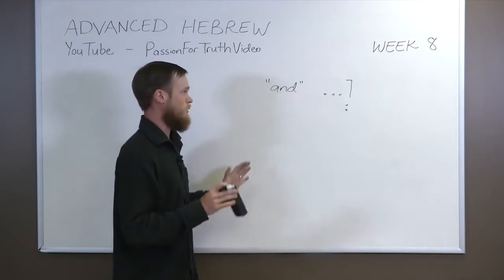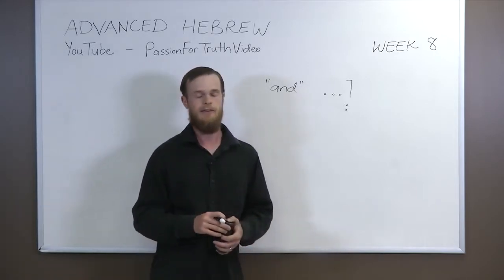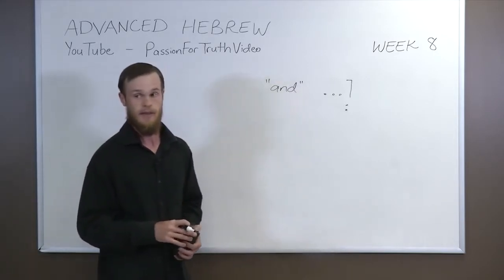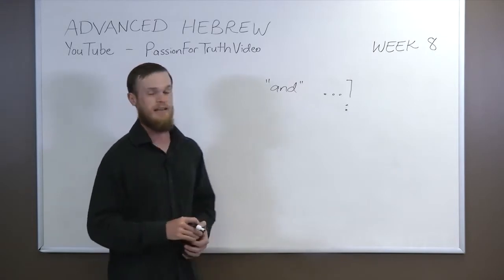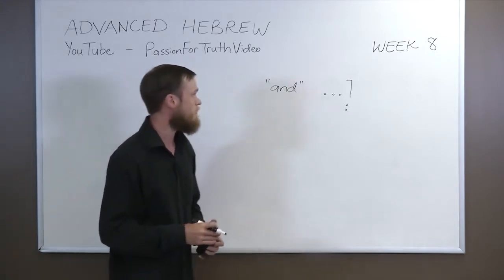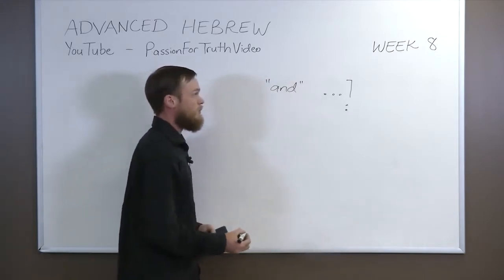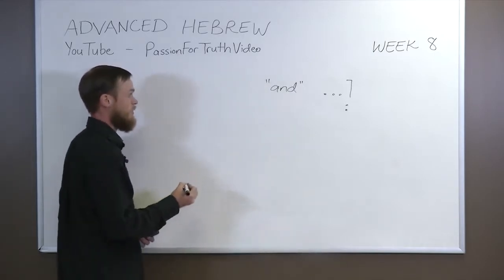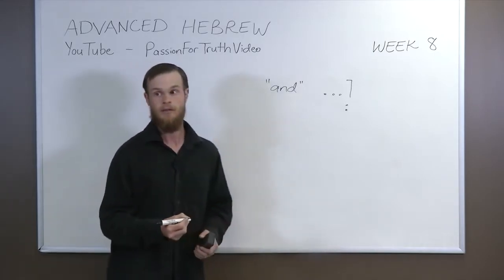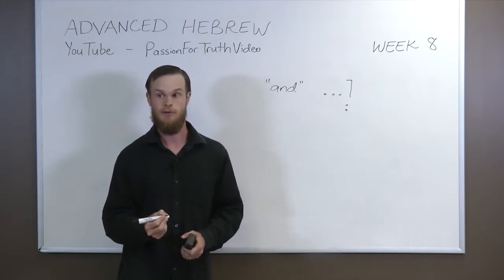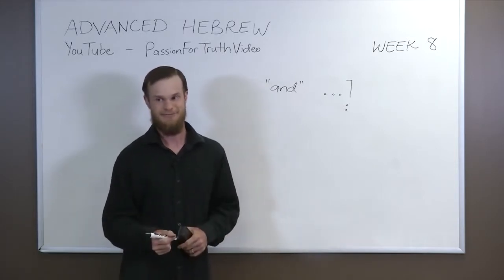If it's placed in front of a noun, no big deal. But when a vav prefix is placed in front of a future tense verb, it changes the verb to the past tense.